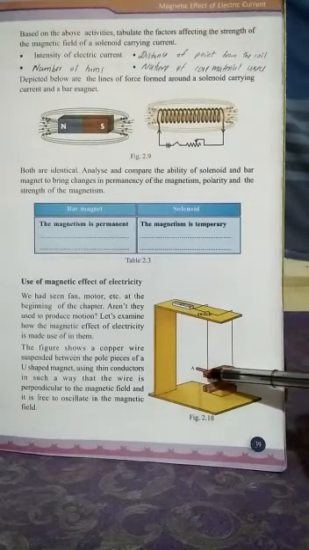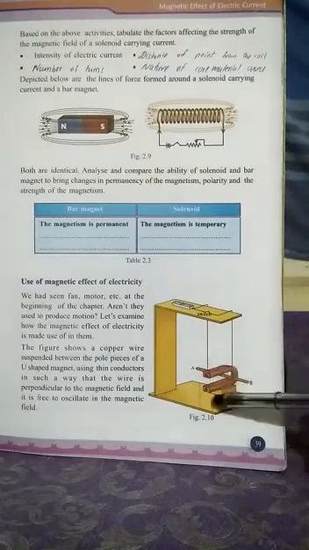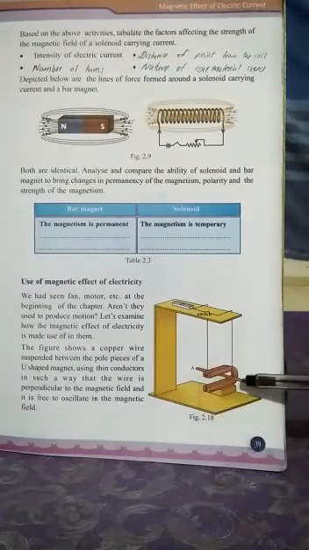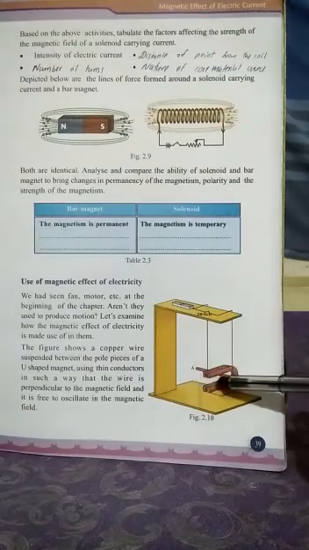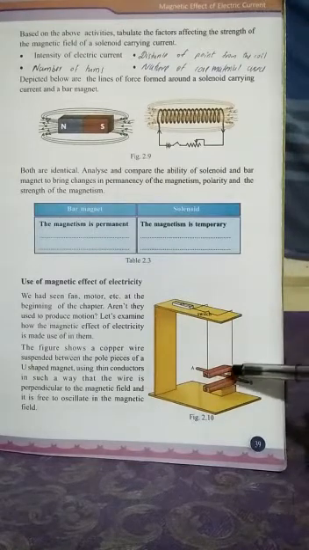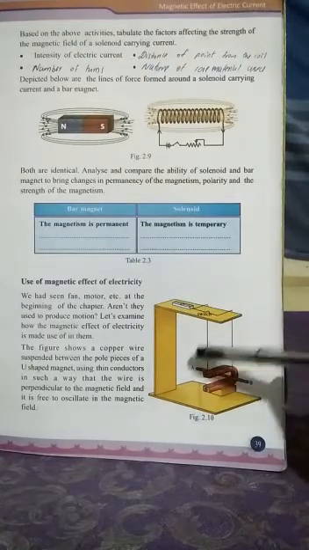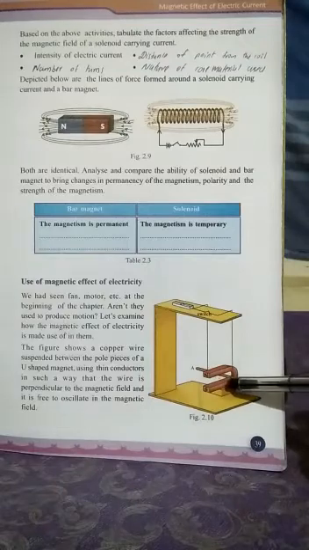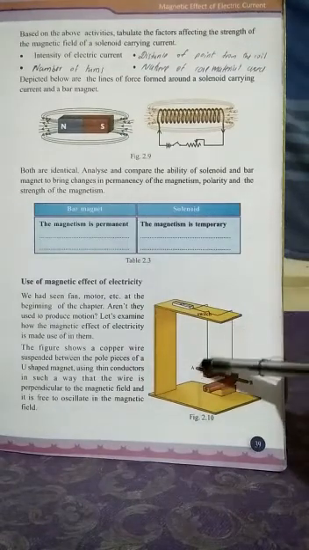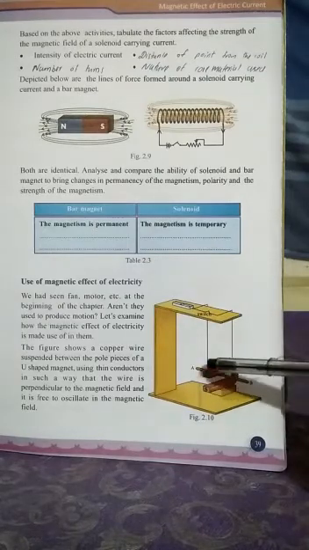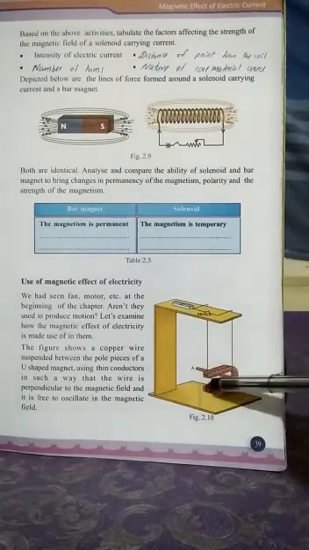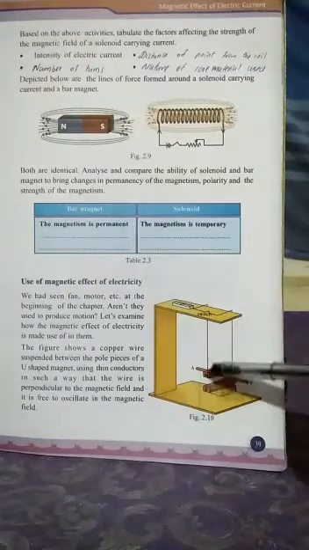The magnetic field is from the north pole to the south pole, so the field direction is downward. The aluminium rod AB is inserted inside the magnetic field, and this rod, which is a conductor, can move freely within this magnetic field.